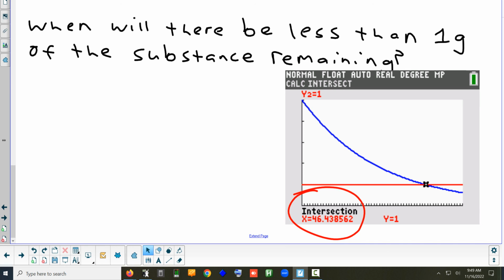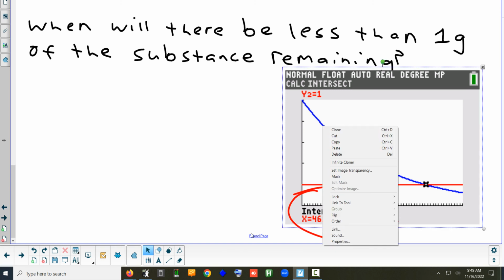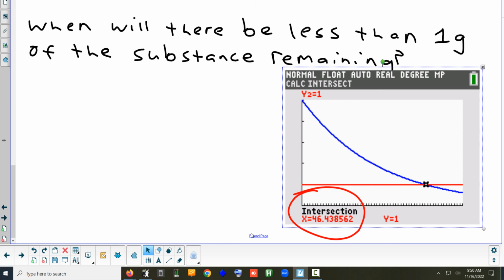Well, if I'm under that amount of days, I won't have done as much decay. Like if you say less than 46 days, so an example of less than that would be 10 days. If only 10 days have gone by, I'm still going to have this much left. This is the minimum amount of days you have to decay to get to 1 gram.